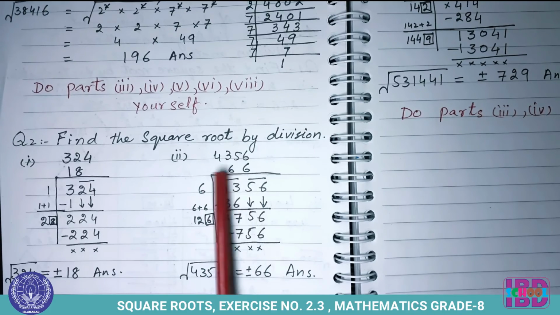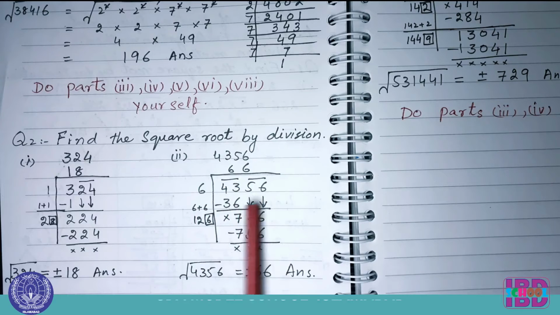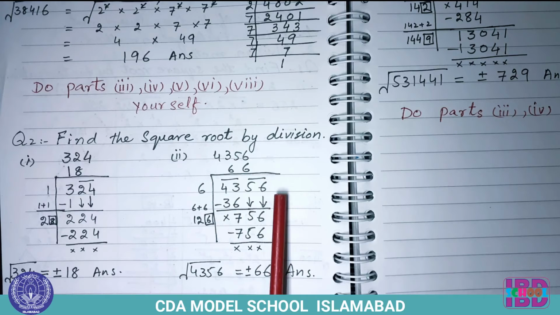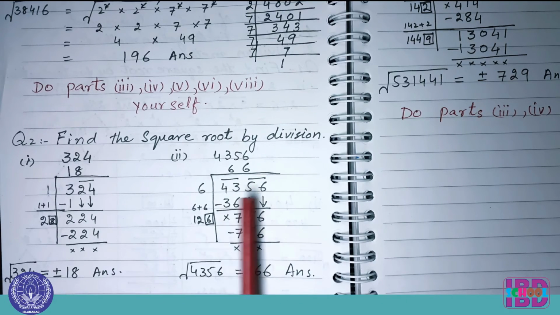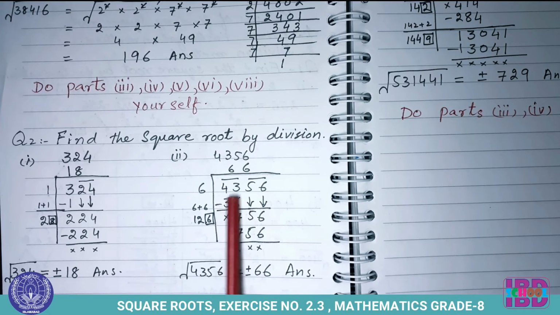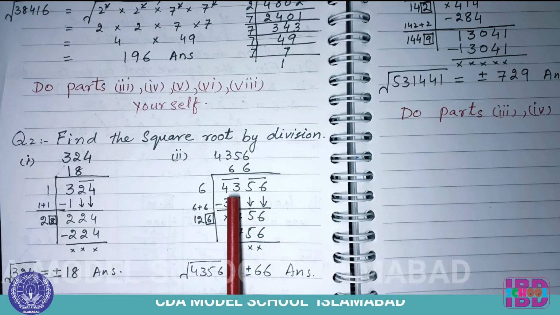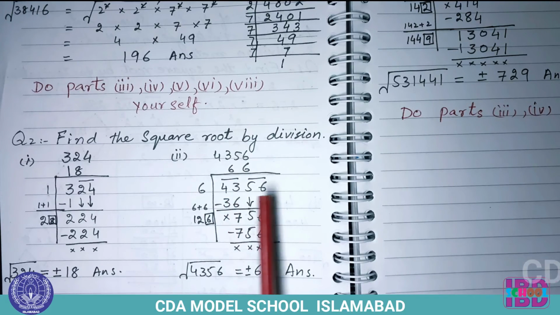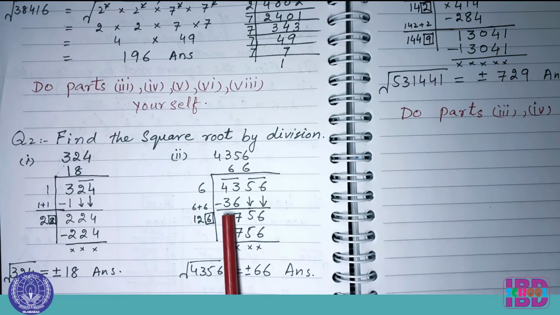I solved part 2. Look here, 4356 is the number. First I made the pairs from unit digit here from right side. We have two pairs, that is 56 and 43. First we find perfect square equal to or lower than 43. There is no perfect square of 43, so we find the lower one, that is 6 into 6 is equal to 36.